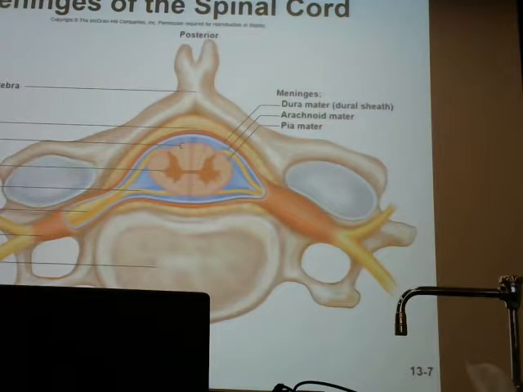Now, what is the only molecule that brain tissue can use as food? Glucose. It can't use anything else. Glucose.